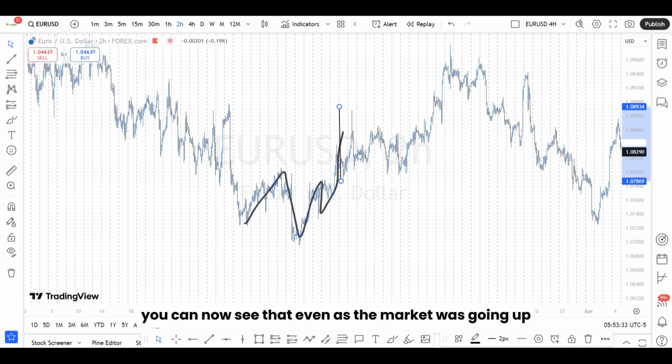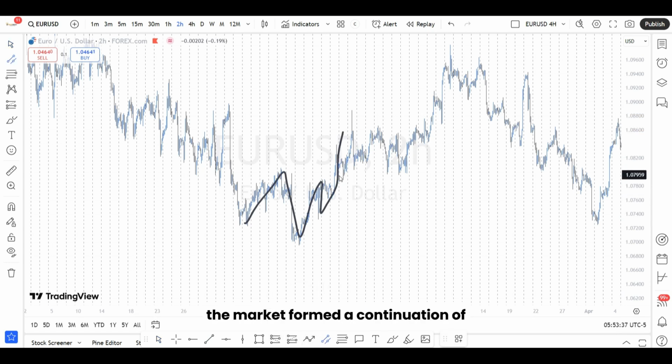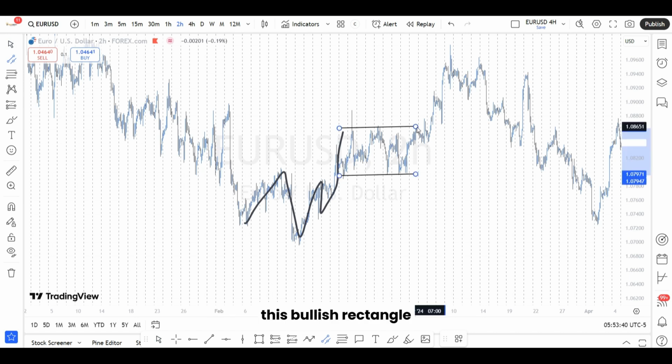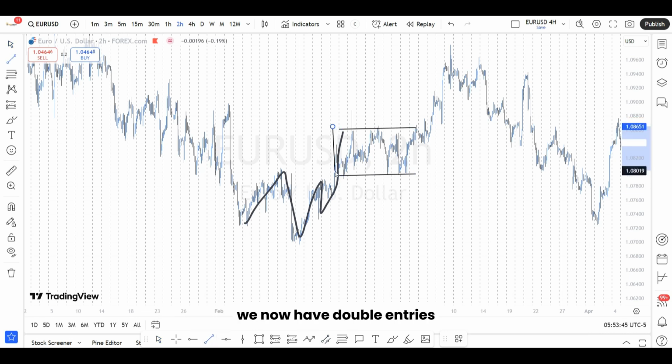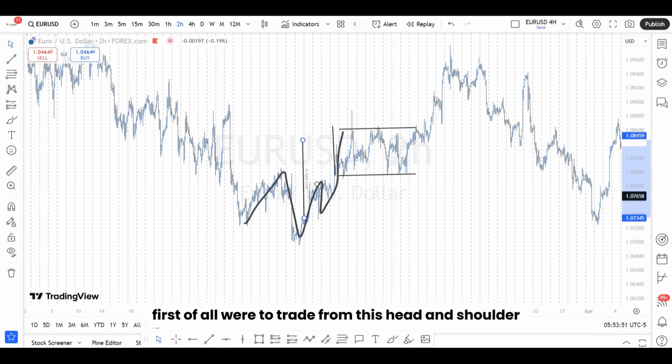And now you can see that even as the market was going up, the market formed a continuation of this bullish rectangle. And if we are to still calculate the bullish rectangle, we now have double entries. So let's say this head and shoulder, first of all, we trade from this head and shoulder.